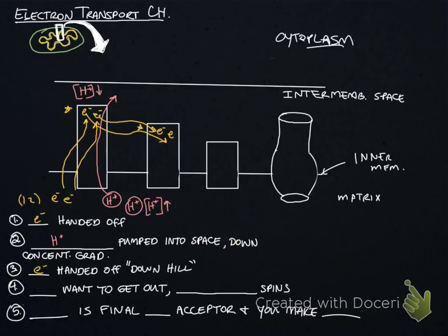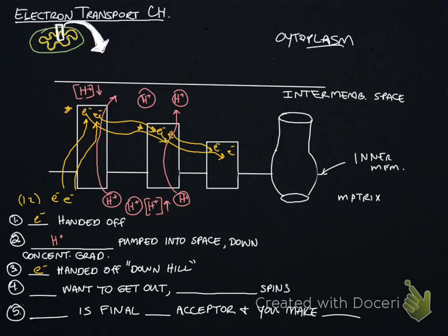So we're losing energy as they move down, and we continue to pump more protons into this inner membrane space. So we're collecting protons in here. And we continue to pass off electrons down these special proteins.